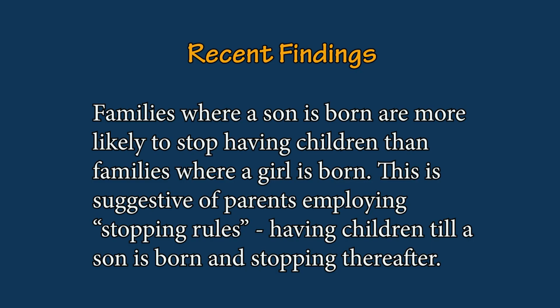So what are the recent findings? Recent findings are that families where a son is born are more likely to stop having children than families where a girl is born. This is suggestive of parents employing stopping rules, having children till a son is born and stopping thereafter.